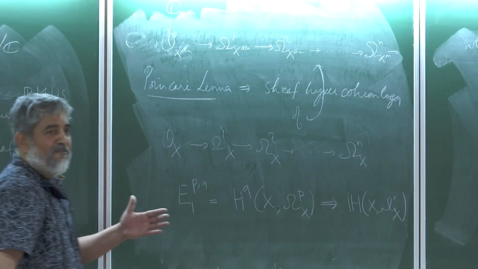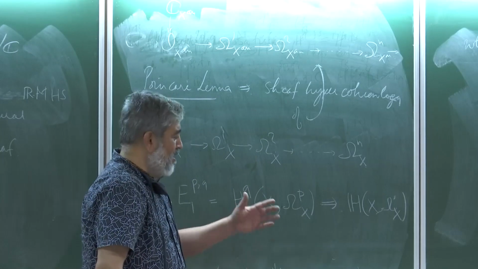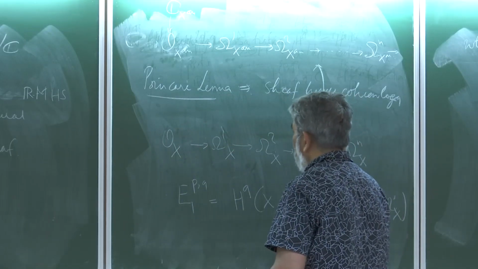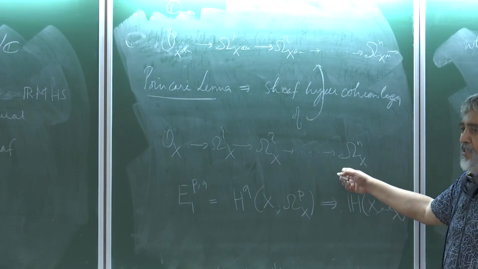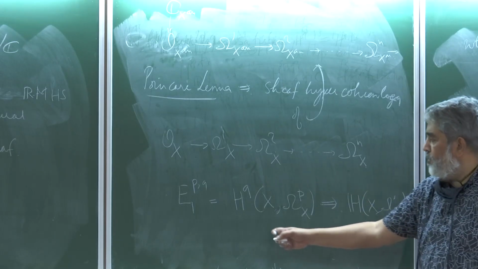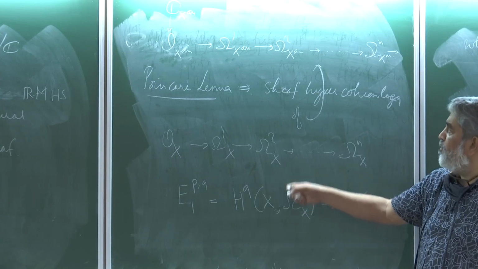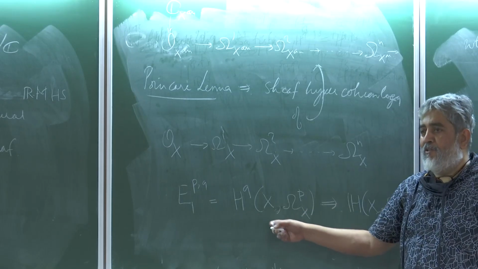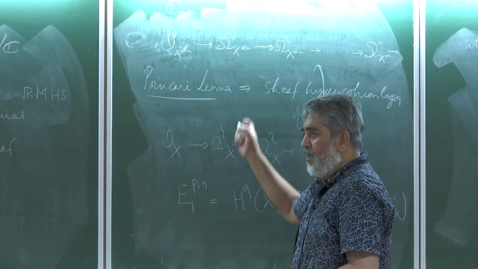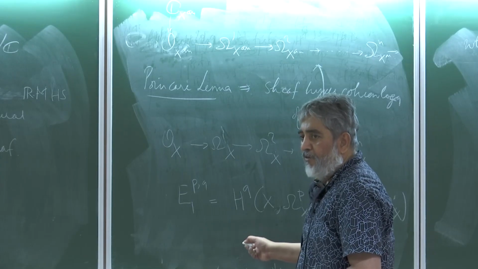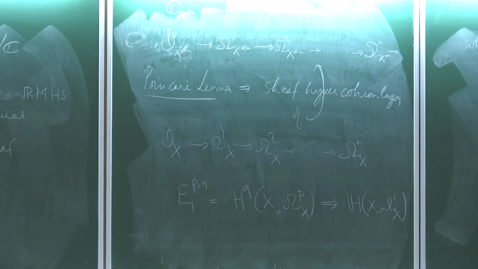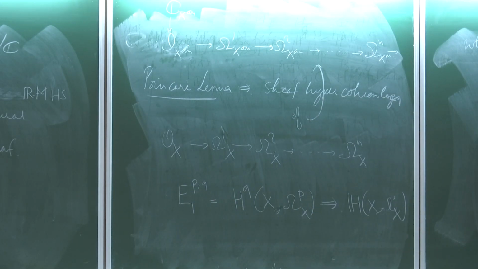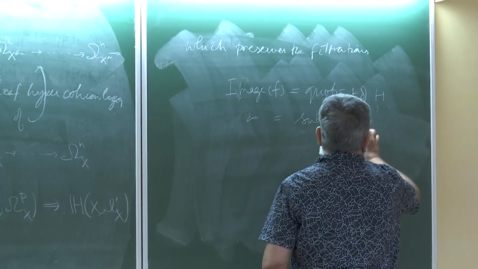I don't know how many of you are aware of what sheaf hypercohomology is. Maybe I'll mention it briefly just after this. We'll come to what the filtration is. So these terms will be the same as those terms for X proper, and the maps are also the same maps on the underlying thing, and therefore it induces an isomorphism. That's the kind of argument one would like to give, but there is this catch that it's not proper. So you have to make it proper.